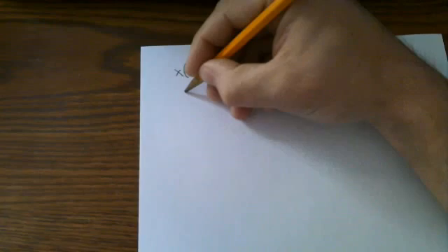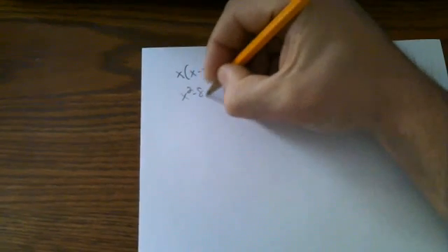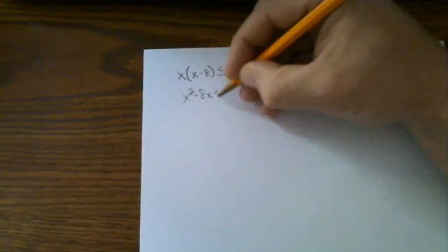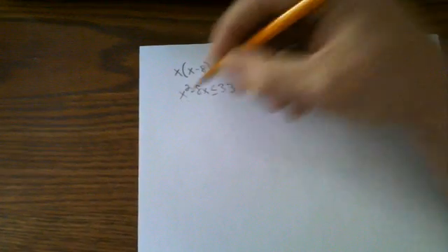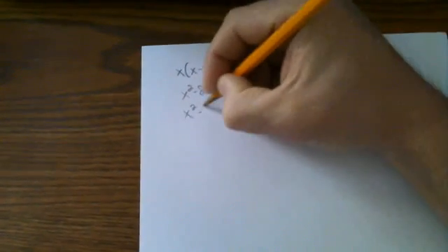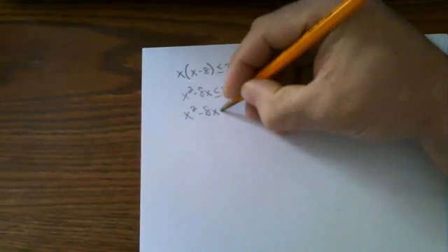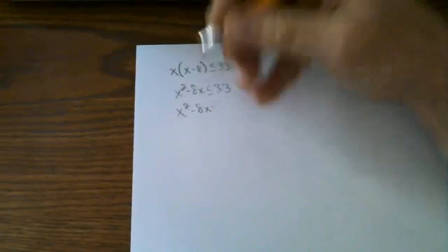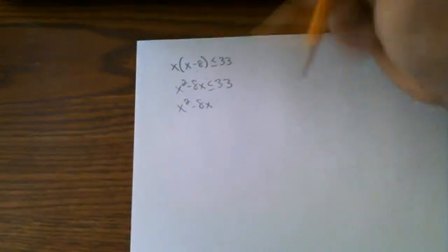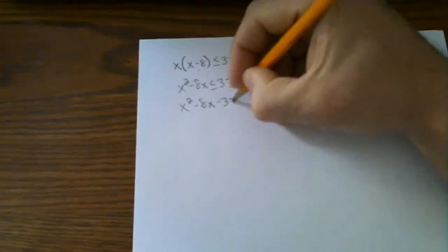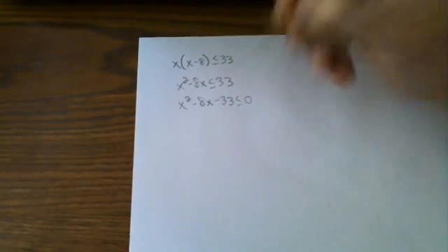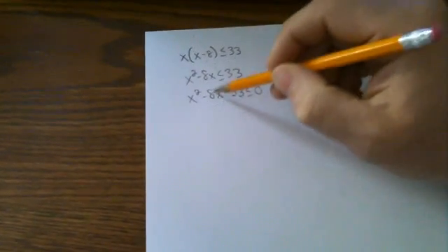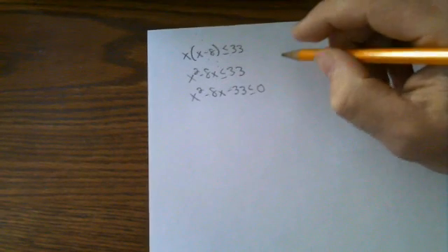So let's distribute the x, giving us x squared minus 8x, and subtract 33 from both sides. I'll do that in 2 different steps. Rewriting the same inequality, minus 33 is less than or equal to 0. So now I'm looking for factors of 33 that are 8 apart. Those factors turn out to be 11 and 3.